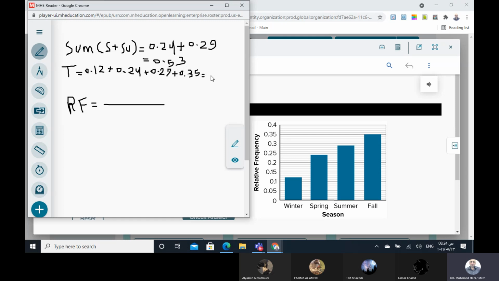Then we can collect: 0.12 plus 0.24 plus 0.27 plus 0.35. So the total will be 0.98.